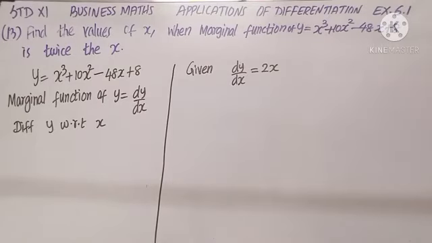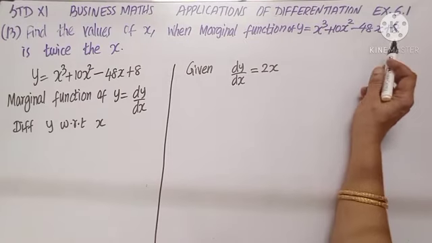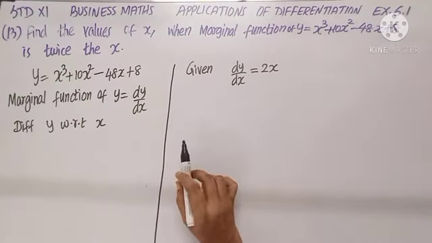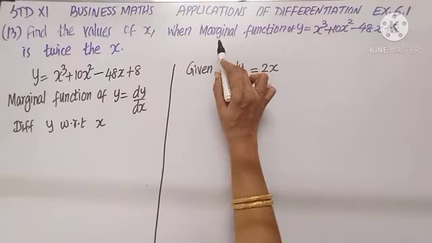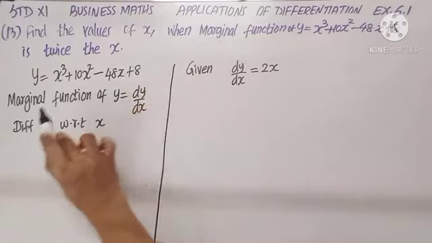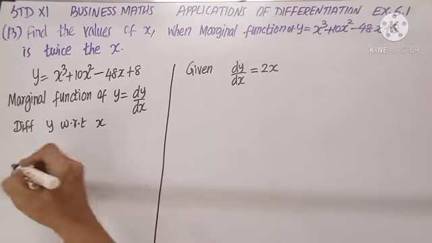Question number 13. Find the values of x when marginal function of y equals x cube plus 10x square minus 48x plus 8 is twice the x. Given y, marginal function of y, the word marginal tells differentiate y with respect to x, that is dy by dx.